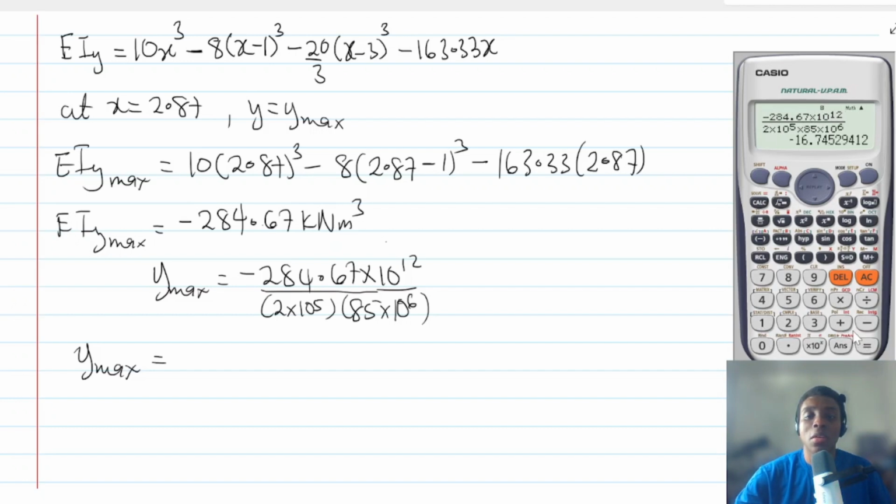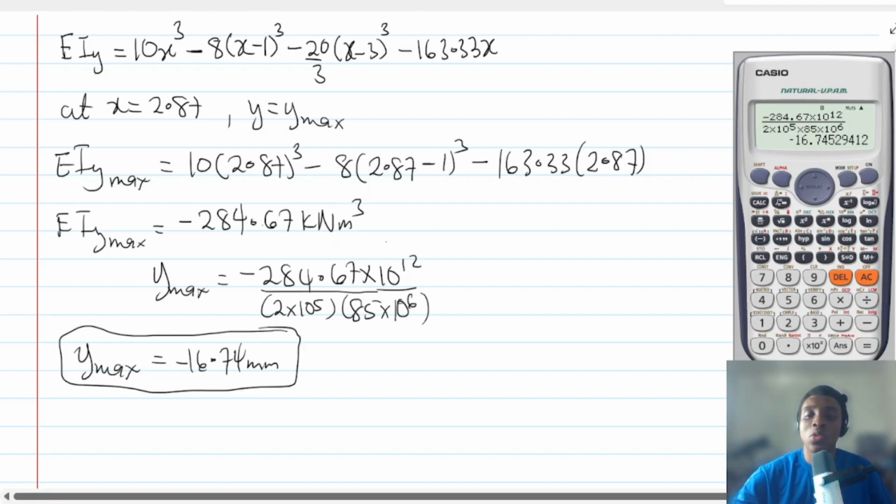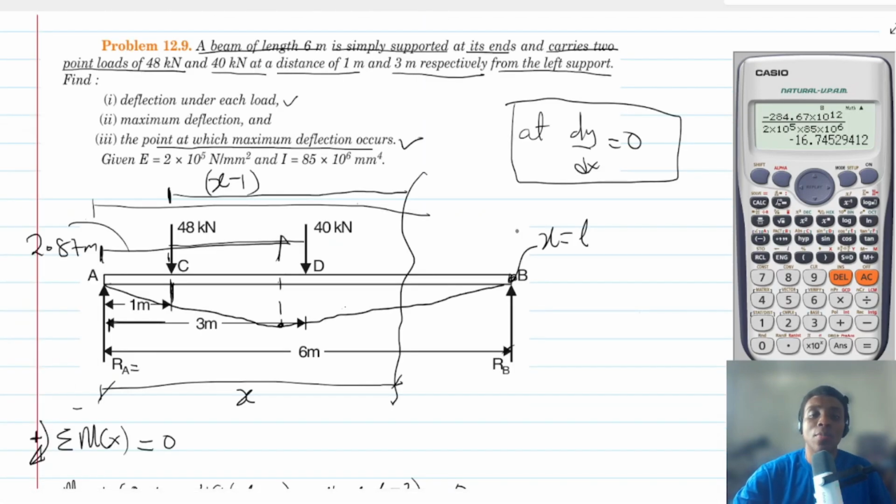Okay, so we've got minus 16.74. So that is the maximum deflection of this beam. So the problem has been solved. I want you to take your time and go through all of this step by step. Thank you very much for watching.